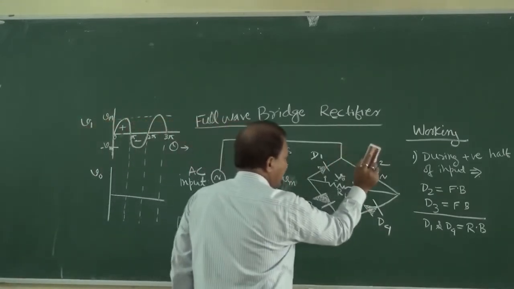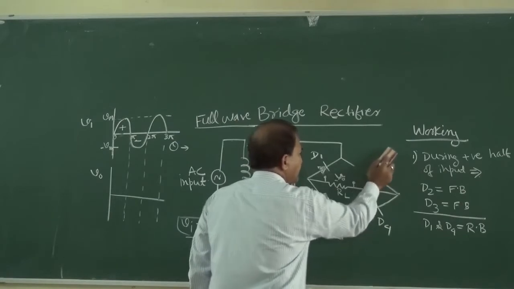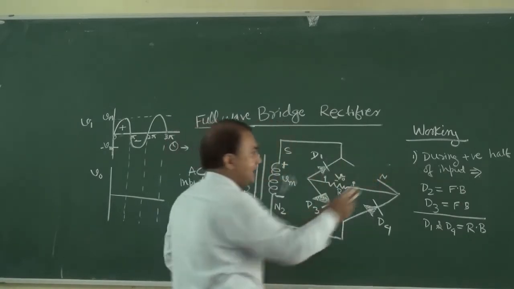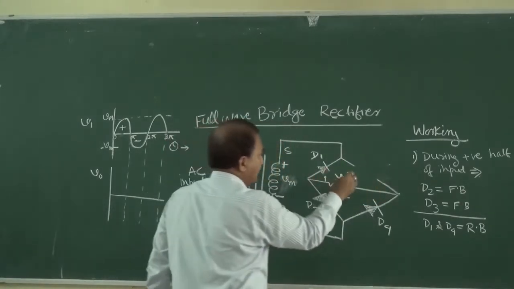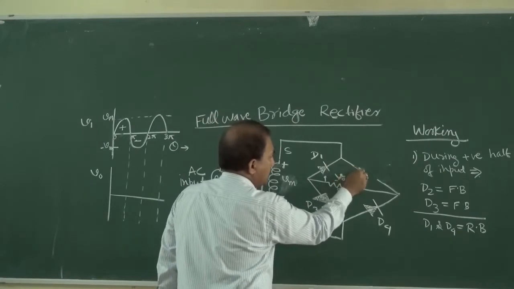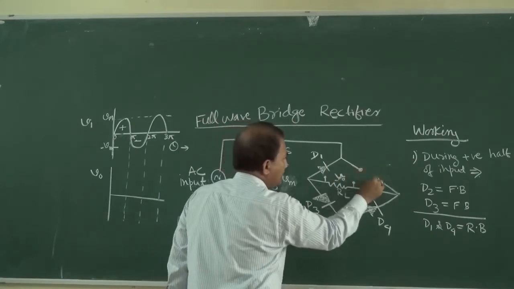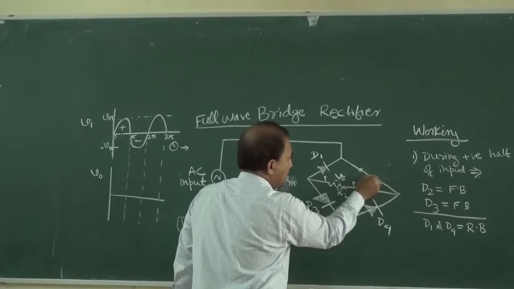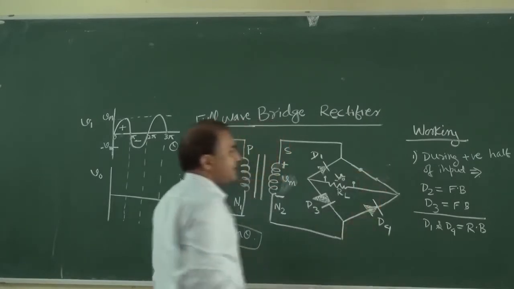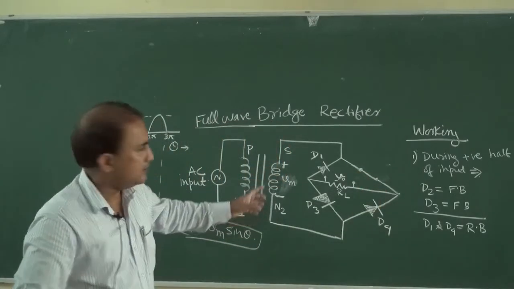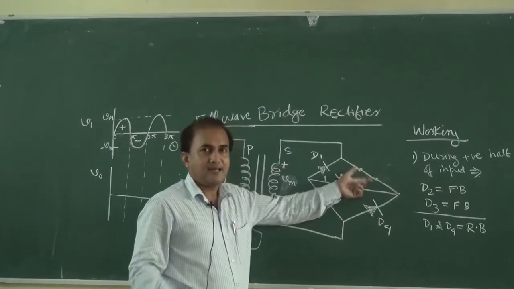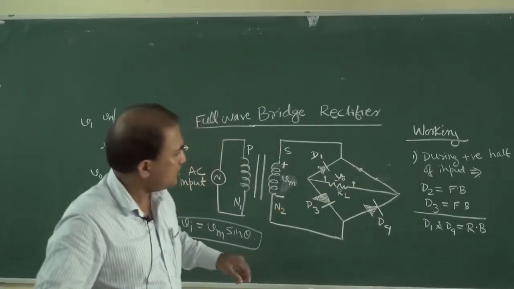If we consider the diode as an ideal diode, then if it is in forward bias, we replace it with a short. This diode is replaced with a short.